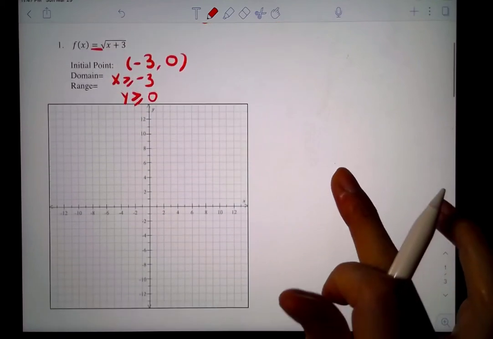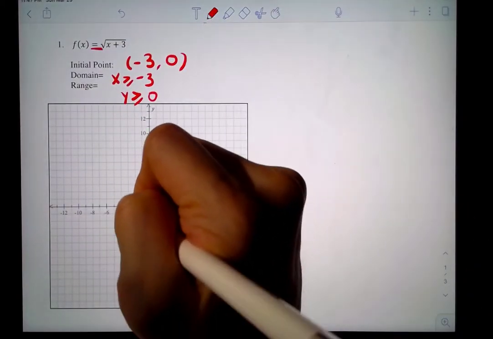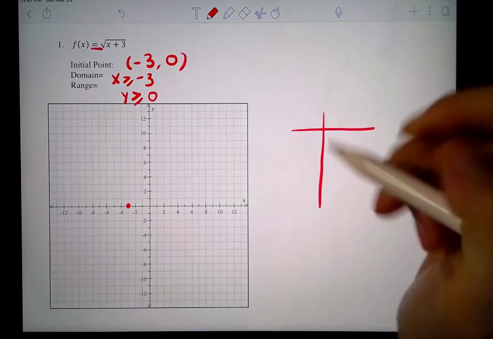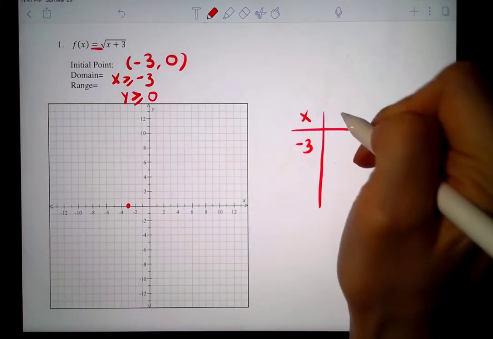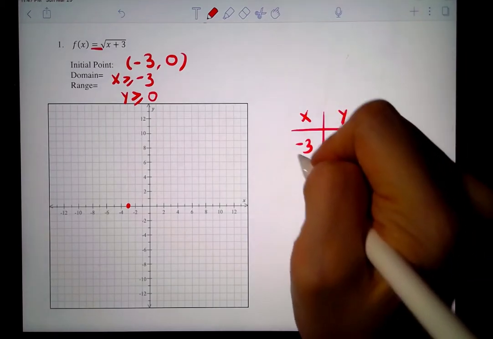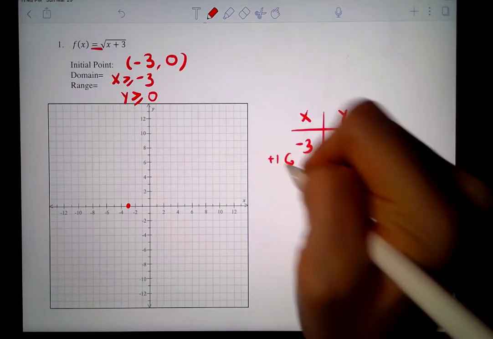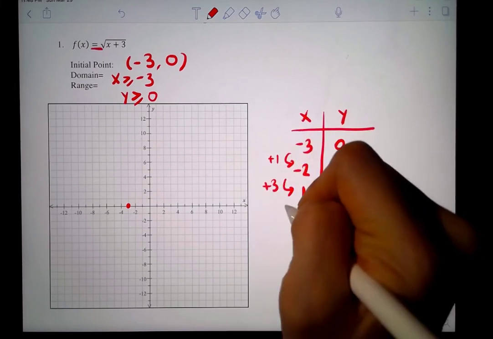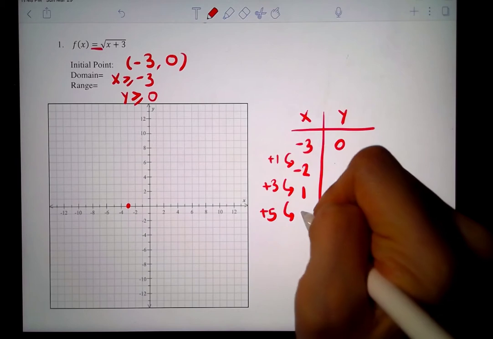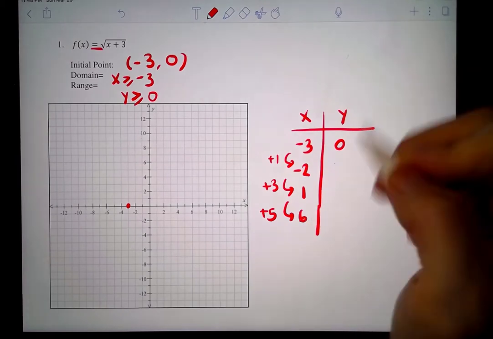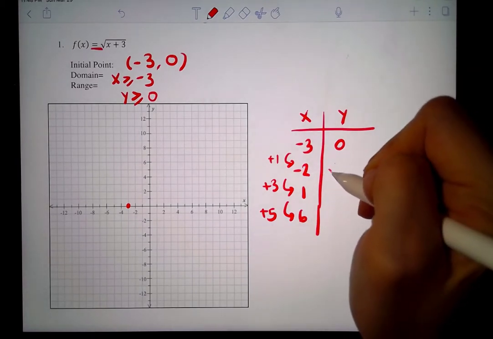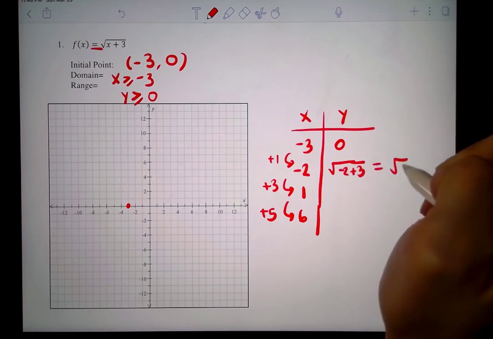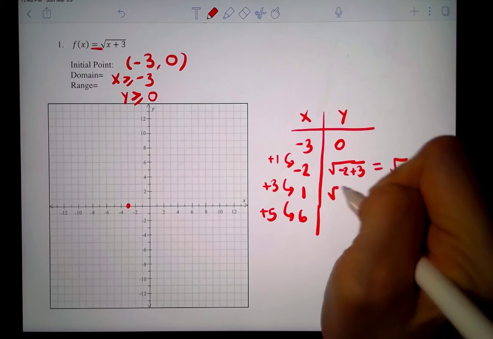So I'm gonna sketch this one. Negative 3, 0. So you go to negative 3, 0. And then we need to find our table, right? So negative 3, 0, and my magic numbers: plus 1, plus 3, plus 5, right? So let's put that in. Square root of negative 2 plus 3 gives square root of 1, which is 1.